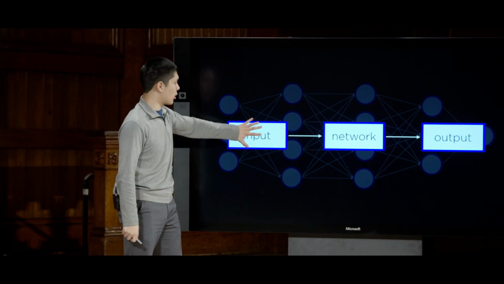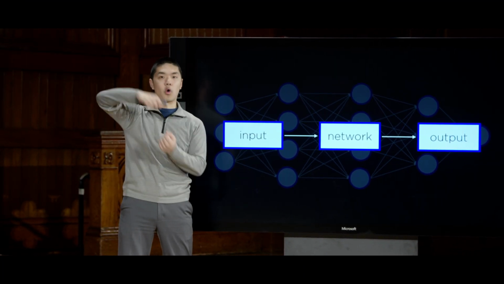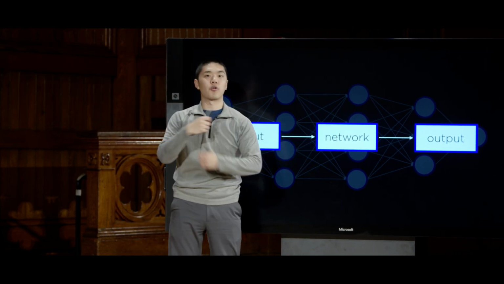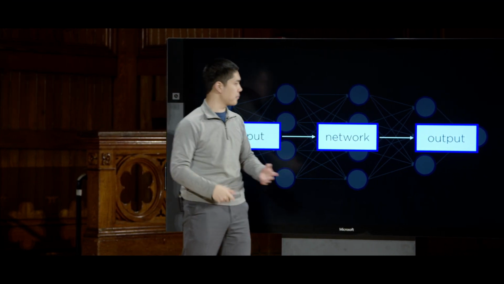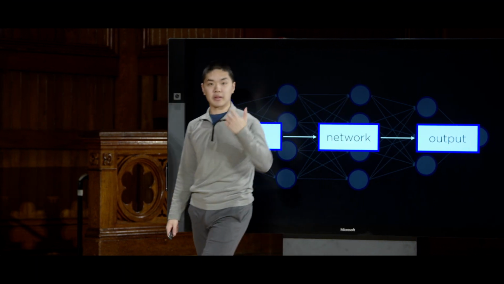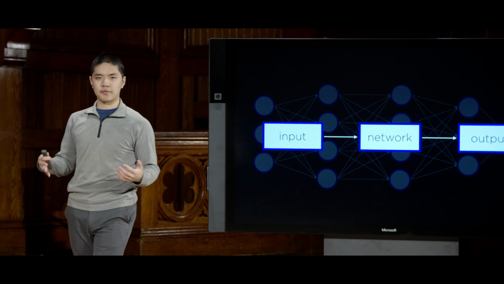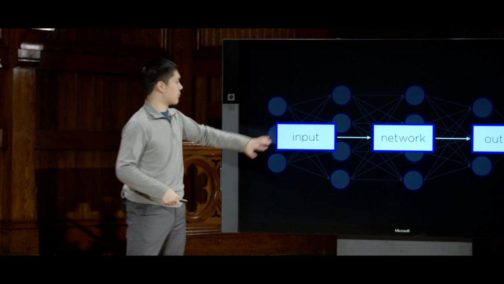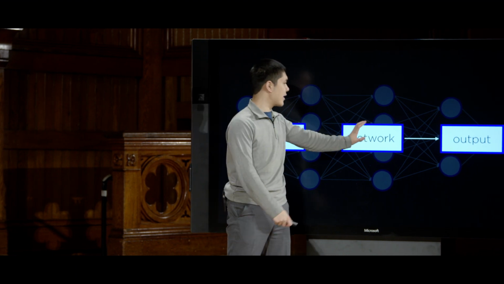We have some input that might be like a vector of a whole bunch of different values as our input. That gets passed into a network that performs some sort of calculation or computation, and that network produces some sort of output. That output might be a single value. It might be a whole bunch of different values. But this is the general structure of the neural network that we've seen. There is some sort of input that gets fed into the network.